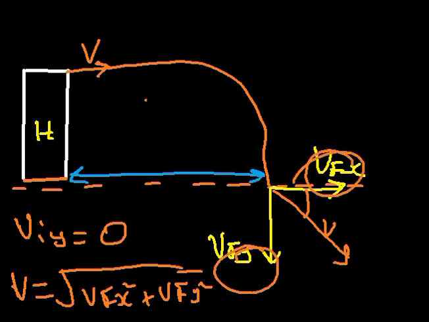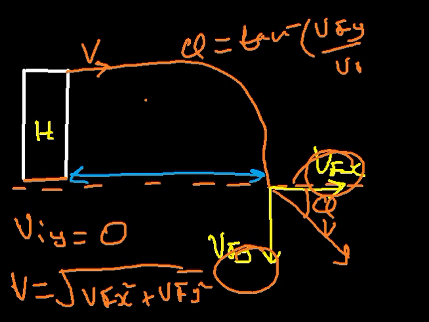And the direction is given by the angle theta, where theta is equal to the tan inverse of vfy divided by vfx. So you have that understood. That's how we analyze that case of projectile motion.